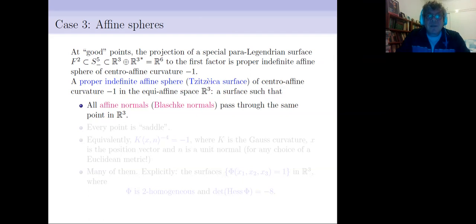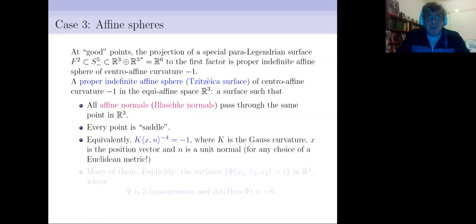Then we can define something which is called a proper indefinite affine sphere, and this was first introduced by Georges Tzitzeica, I think, in the early 20th century, and the formal definition requires us to go too deep into affine geometry. We need certain Blaschke normals to pass through the same point in R3.